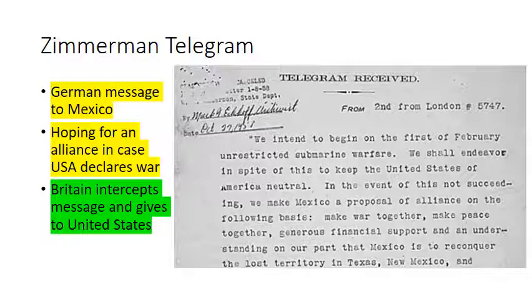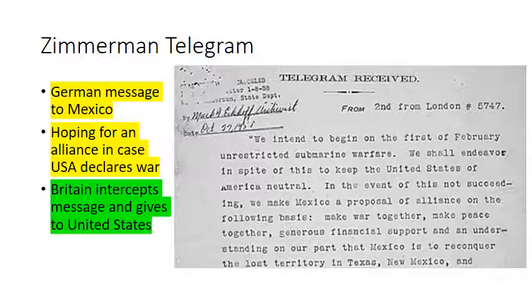Germany was going to continue its unrestricted submarine warfare after promising to stop, and they felt that this might make America declare war on them, and they wanted Mexico to attack the United States. And the Germans would provide financial support and allow Mexico to claim its lost territory in Texas and New Mexico, territory that they'd lost in the Mexican-American War.